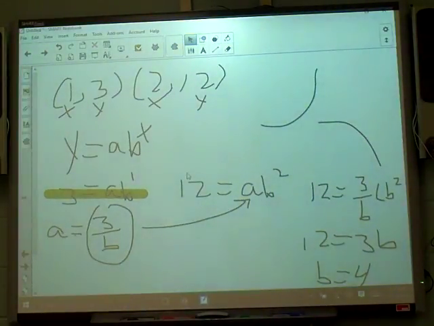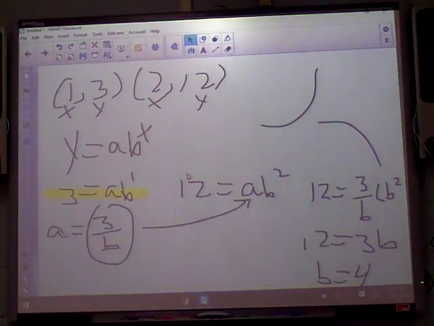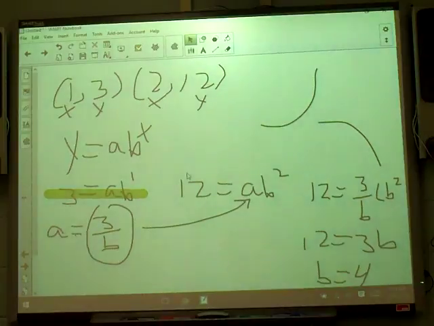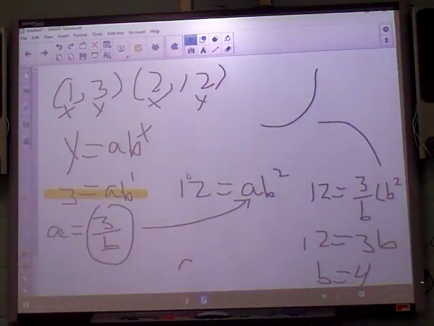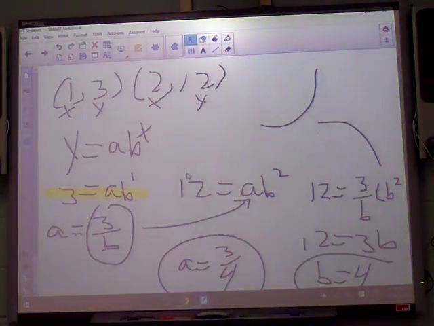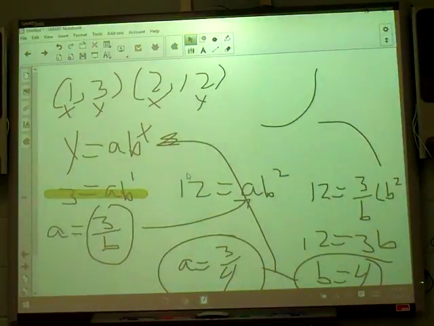Good. You know your a now too. Look over there at our a equation. A equals 3 over b. So that means a is 3/4. So we got an a, we got a b. All we have to do is take those back here and plug them in.